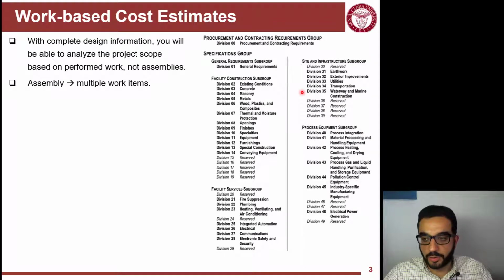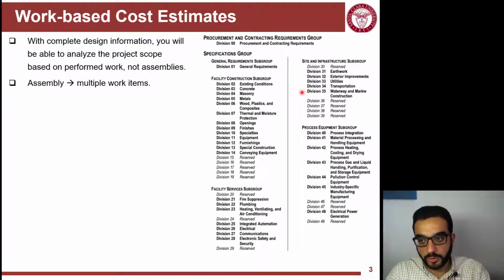So now you went through the planning phase and feasibility phase. You did the rough order of magnitude. The more data you have, the more you will tend to use assemblies to come up with your estimates, so assembly-based estimates.